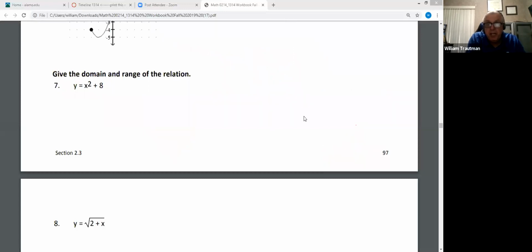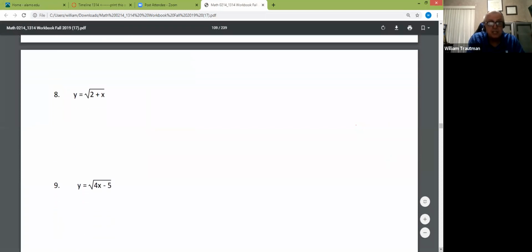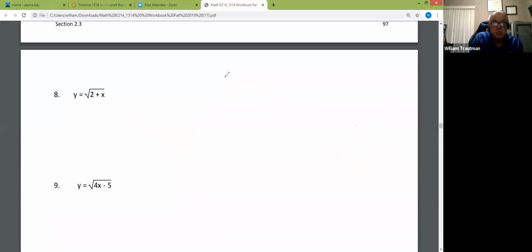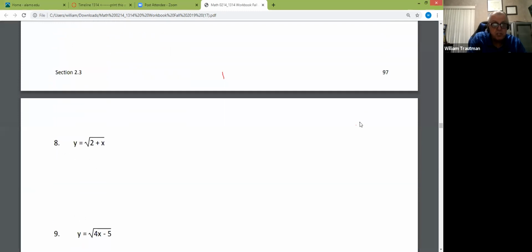Now, domain and range for square roots are kind of simple, I think. Is it asking for domain and range or just domain? What is the domain and range? Okay, yes.